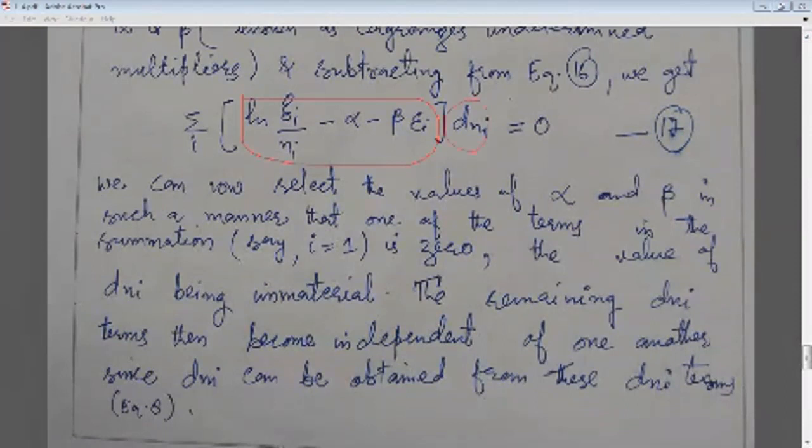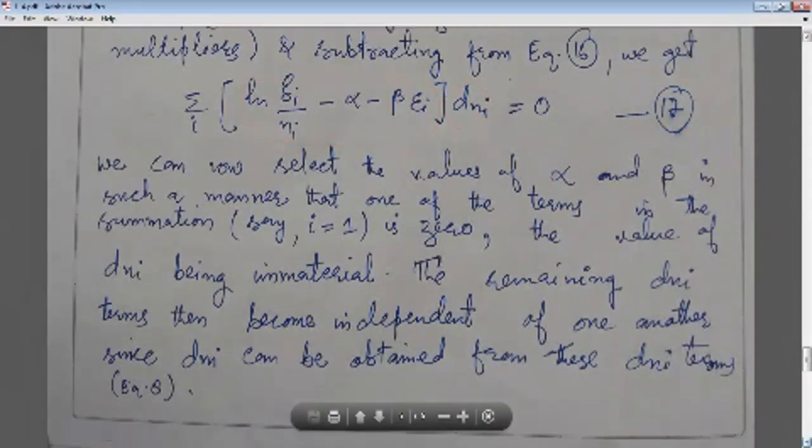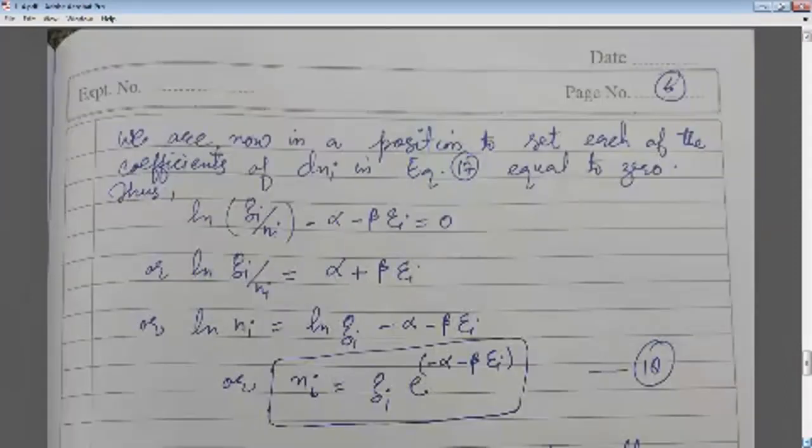This much will be the coefficient. That means this coefficient will be equal to 0. We have to make this coefficient equal to 0. Here we will write only the coefficient: ln of gi upon ni minus alpha minus beta ei will be equal to 0.